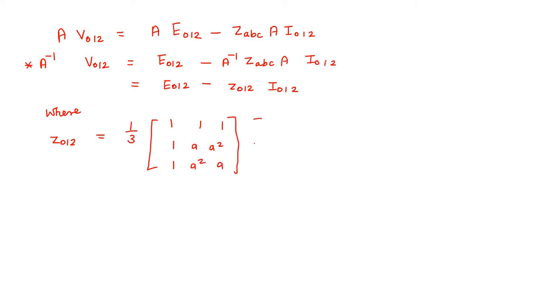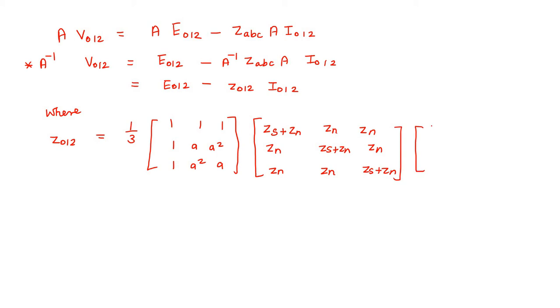And next put the value here, that is ZABC, that is equal to Zs plus Zn, Zn, then Zn, Zs plus Zn, Zn, then Zn, Zn, Zs plus Zn.